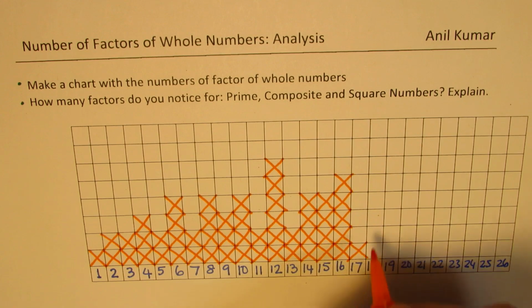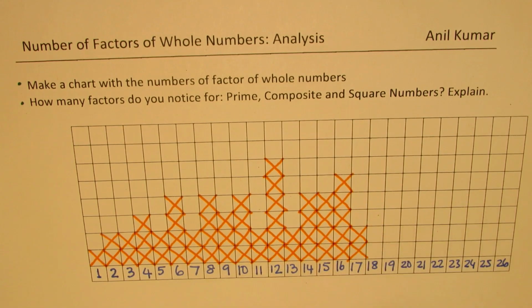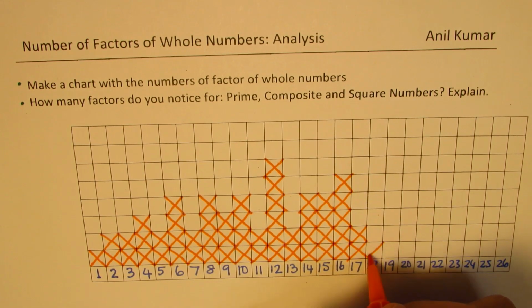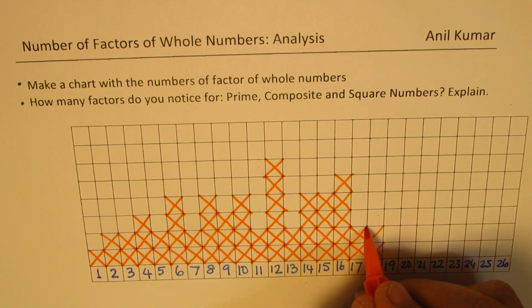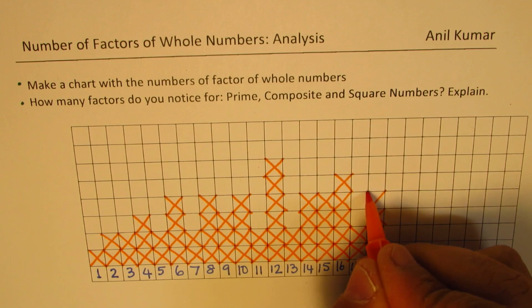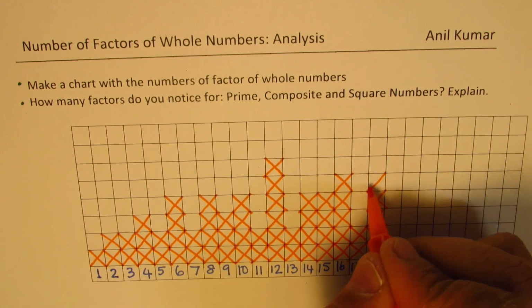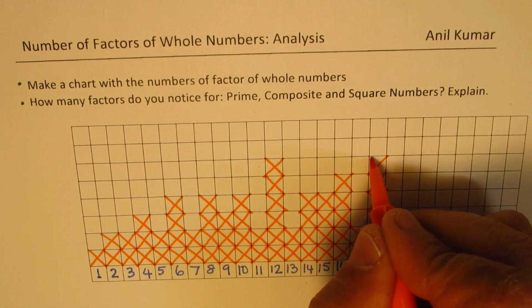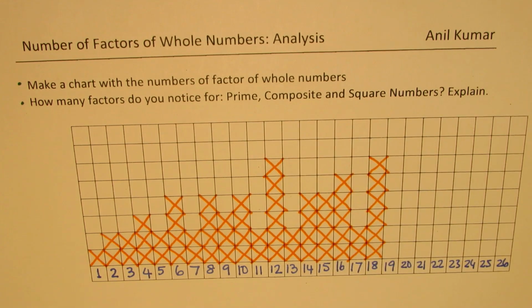It has only 2 factors, 1 and 17. 18. 1 times 18 is 18. 2 times 9 is 18. 3 times 6 is also 18. So 18 has 6 factors.